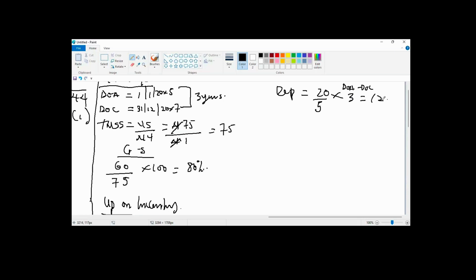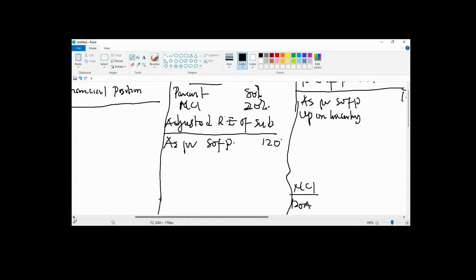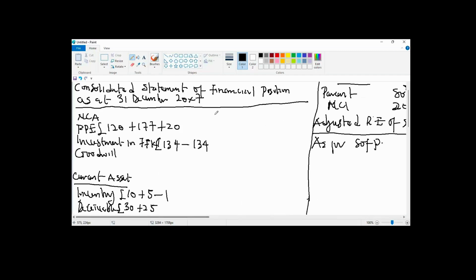This will give me 12. I'll say PPE credit minus 12. Adjusted retained earnings of subsidiaries debit minus 12. That's all. I'll go to the PPE, minus 12.